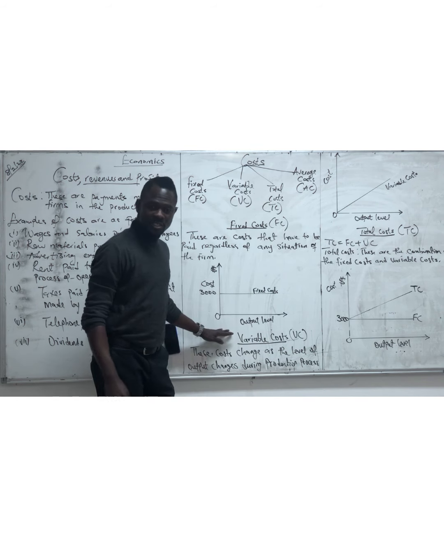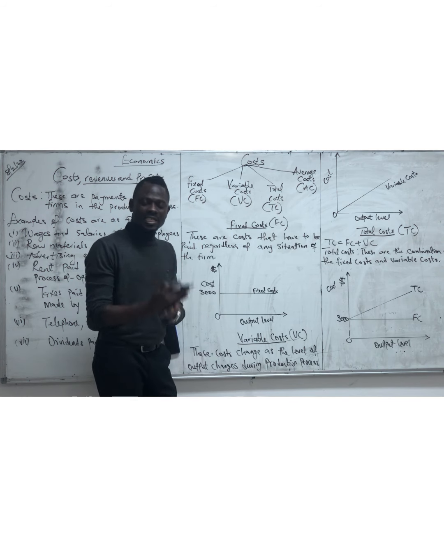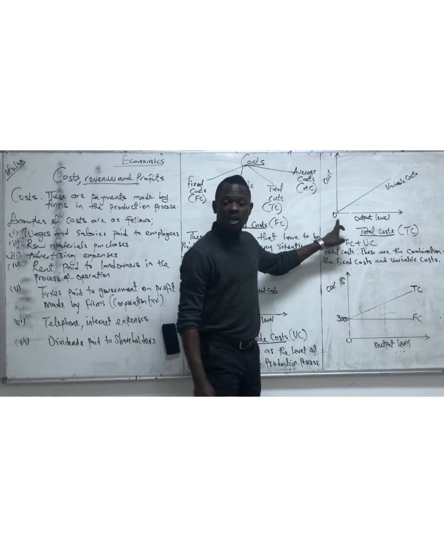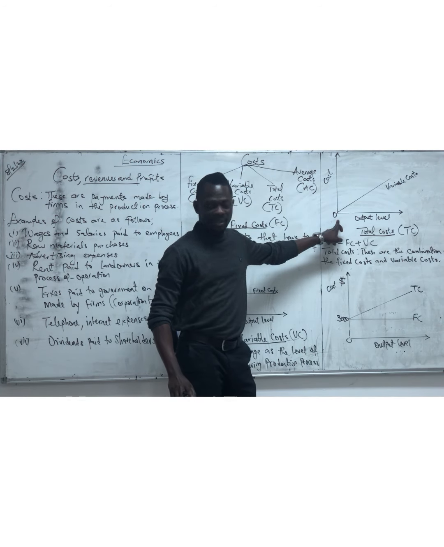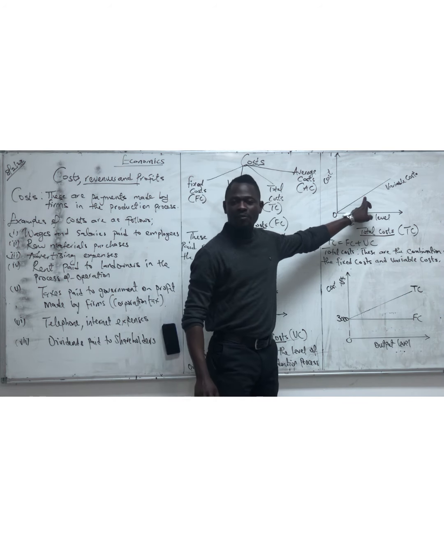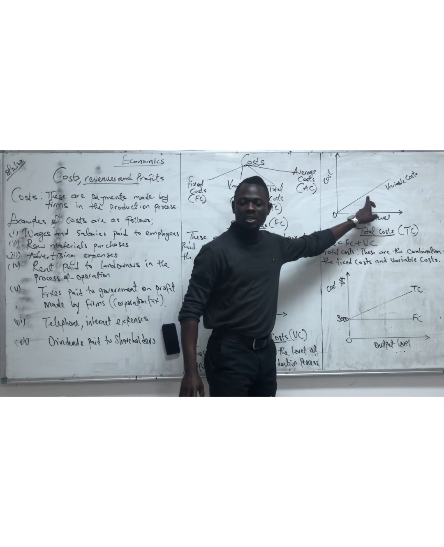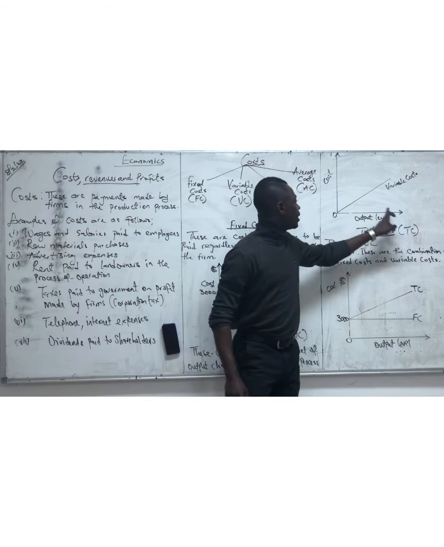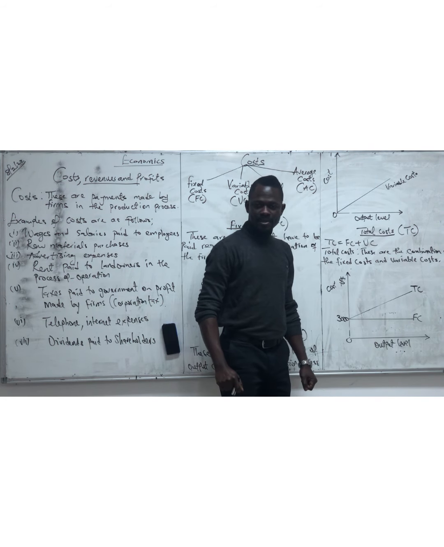For variable costs, these costs change as the level of output changes. At the zero level of output, it is zero variable cost. As your output level increases, your variable cost increases. Is it clear?